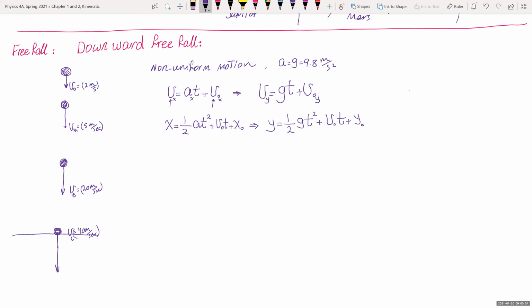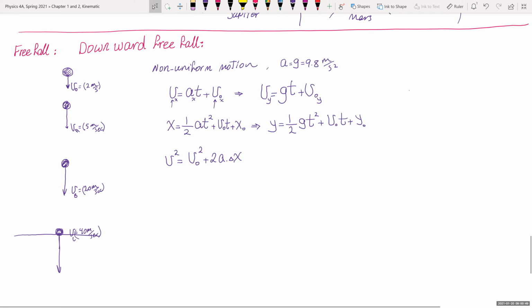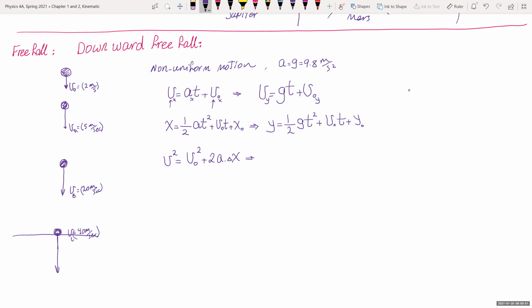The third equation that we learned was independent of time. v squared is v naught squared plus 2a delta x, correct? Therefore, I can write v squared equals v naught squared plus 2, instead of a, I put g, and instead of delta x, I put delta y.